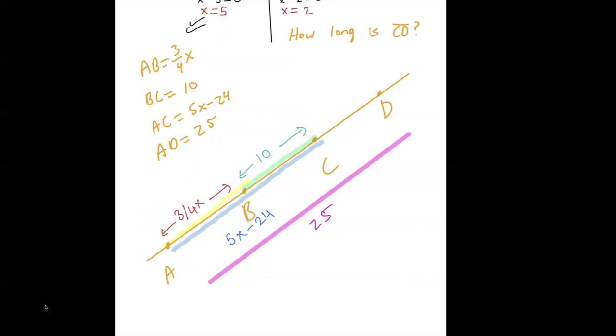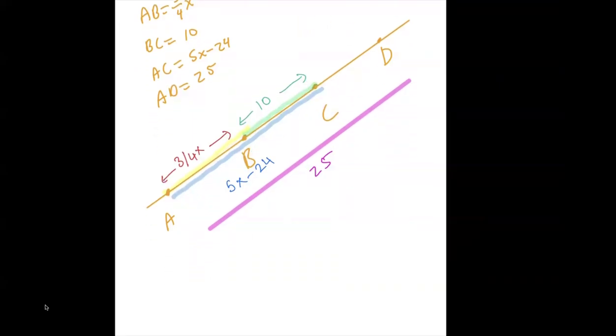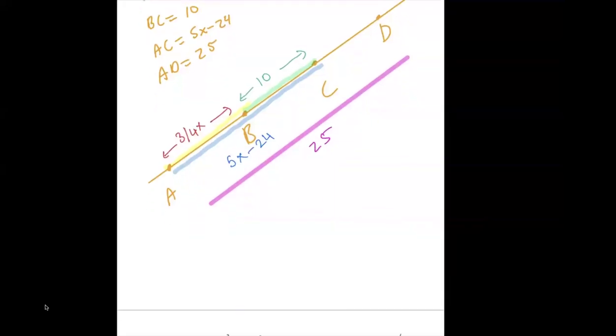Nice. As you can see, these line segments, when you add them together, should be equal to that. As I stated earlier, we have to look for relationships which we can set equal to each other. So when I add those two, it should be equal to 5x minus 24.